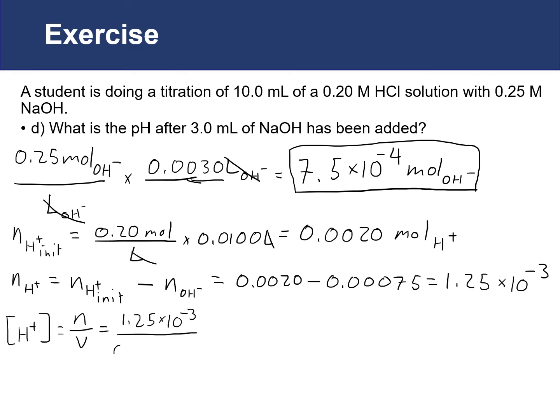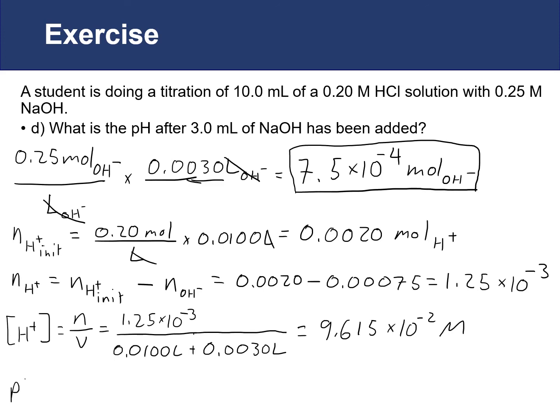We started out with 10 mL, so that's 0.0100 liters, plus the 3 mL we added, 0.0030 liters. Plug this into your calculator and you'll get 9.615 times 10 to the minus 2nd molar.